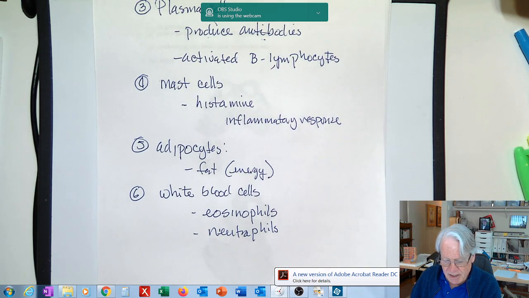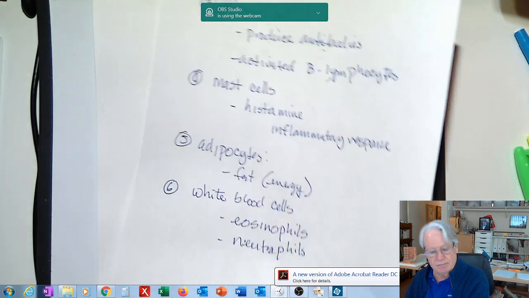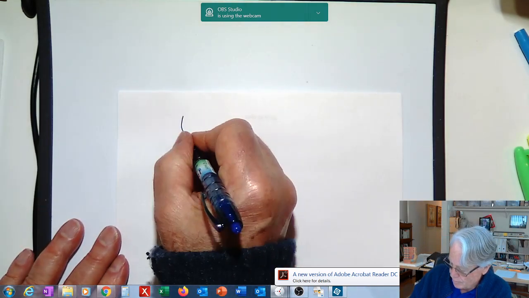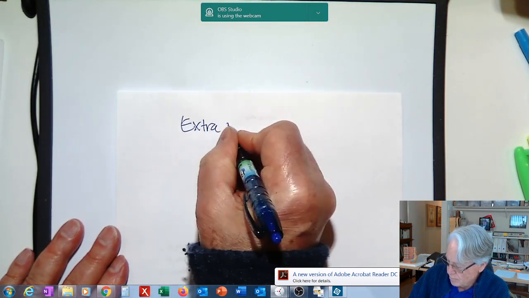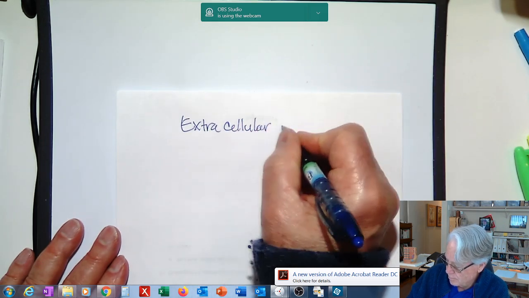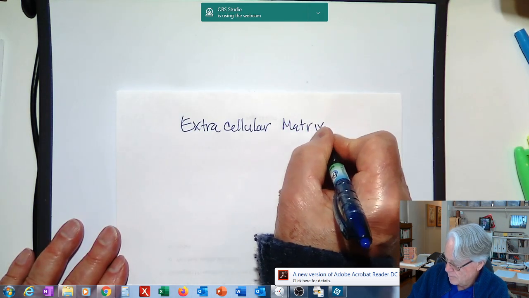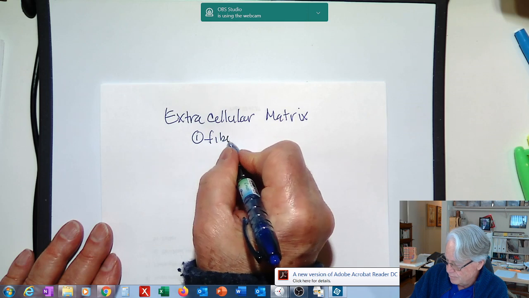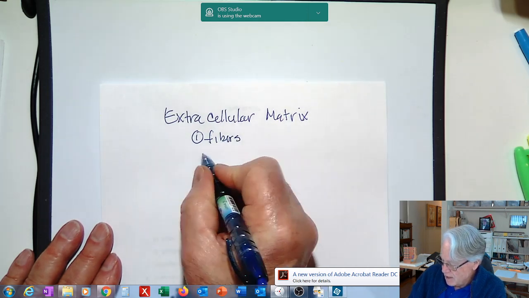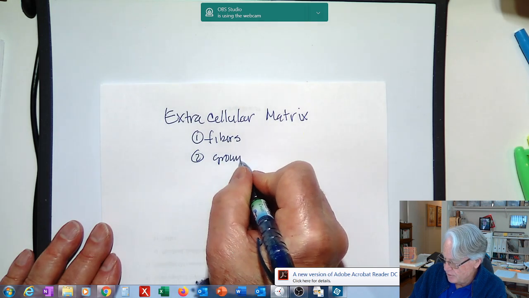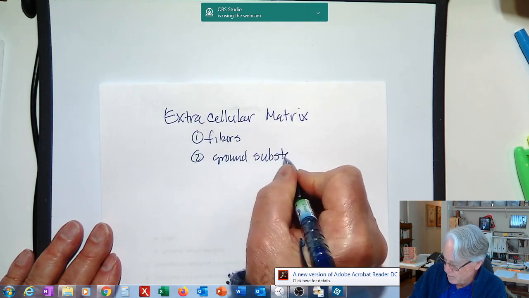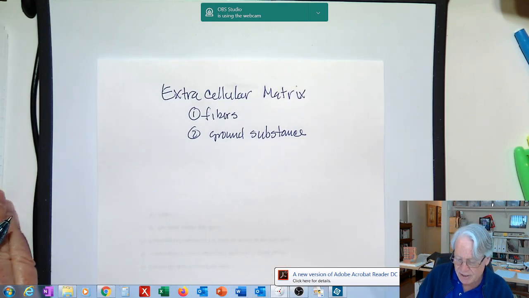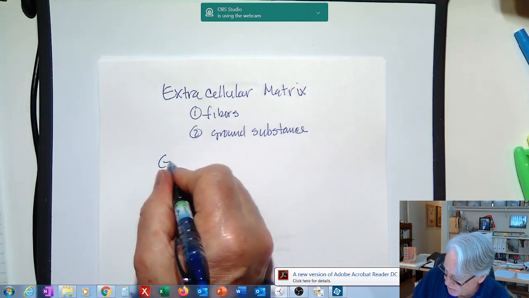Let's talk a little bit about the extracellular matrix. The extracellular matrix, as you recall, is composed of fibers and a ground substance, just to remind ourselves what we're talking about. We're going to focus on the ground substance first, and then we'll talk about fibers. Okay, so ground substance.